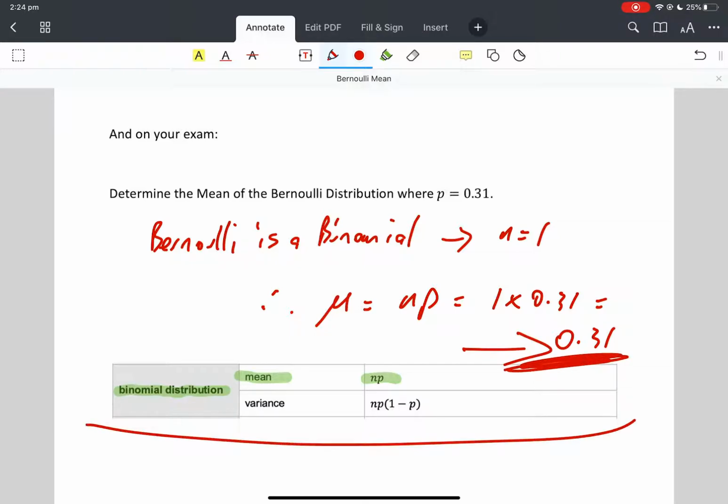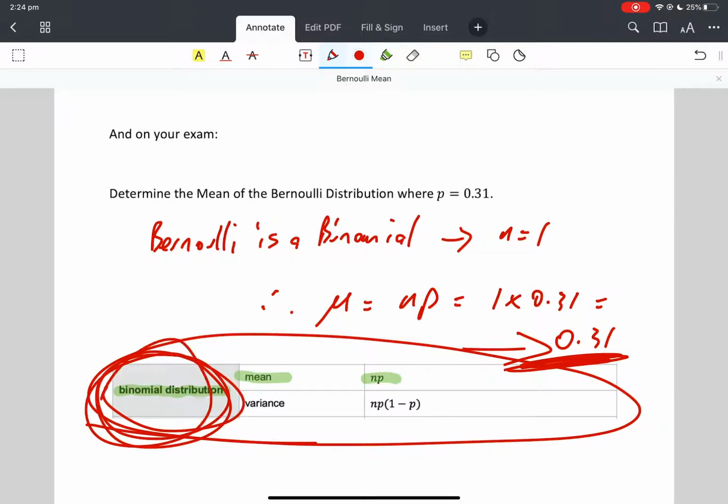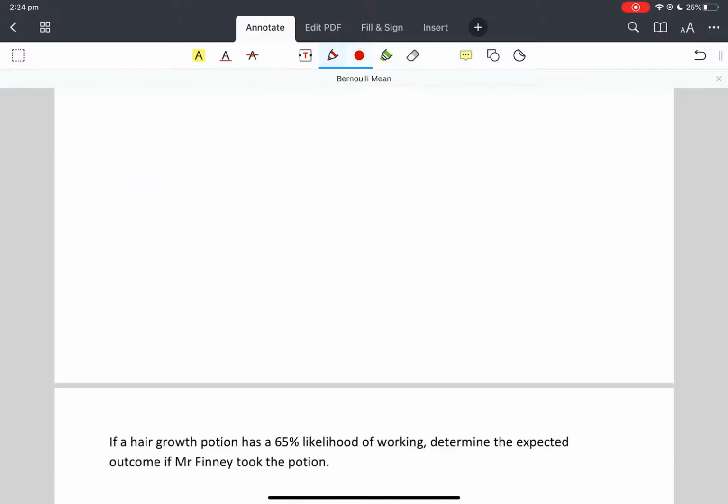Without understanding that, you're going to have this rule in your formula sheet that is just double Dutch. So you need to understand that a Bernoulli is a binomial distribution where n equals 1. And then it is so easy.